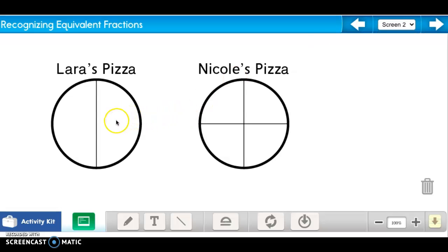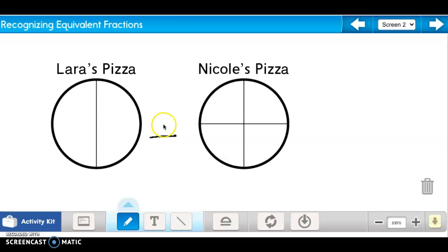So when something is cut into 2 pieces, when we write a fraction, we usually put a line like this to show the top is called the numerator and the bottom number is called the denominator.